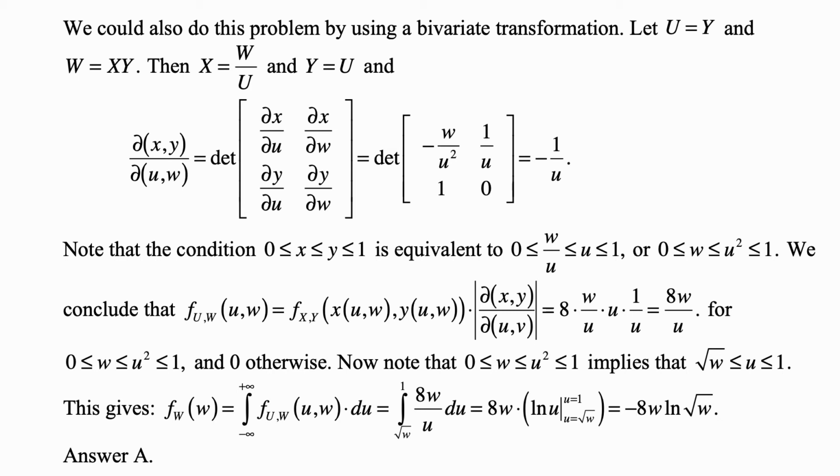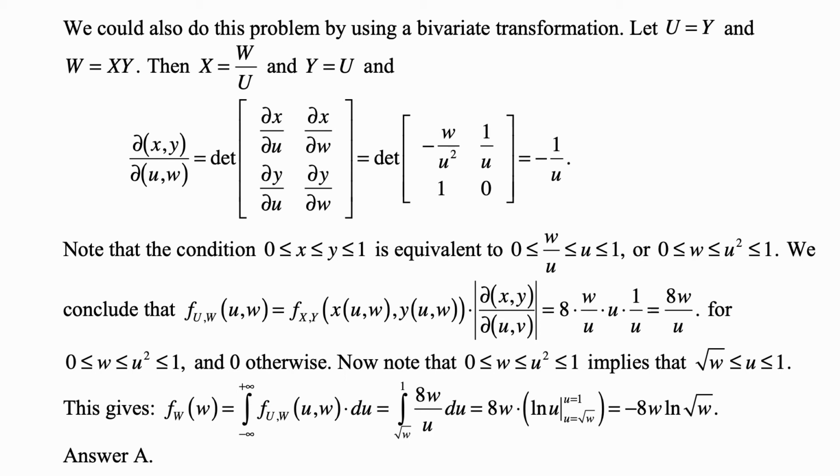So this becomes 8 times w over u times 1 over u, and therefore it's 8w over u squared, for, as I said, 0 less than or equal to w less than or equal to u squared less than or equal to 1, and outside of that region the joint density is 0.